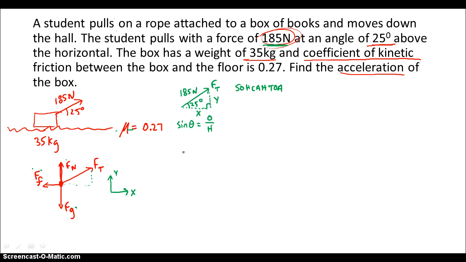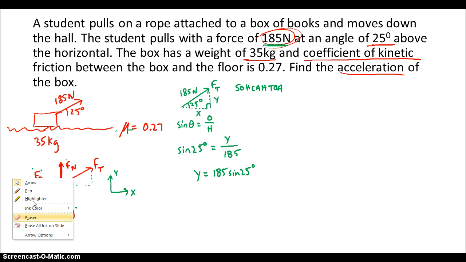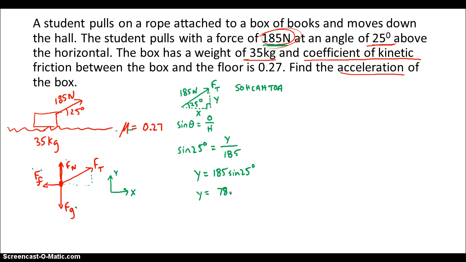So if I want to find what the y side is, sine 25 degrees, my opposite is y, my hypotenuse is 185. Get y all by itself. Put that in our calculator and we get 78.2.